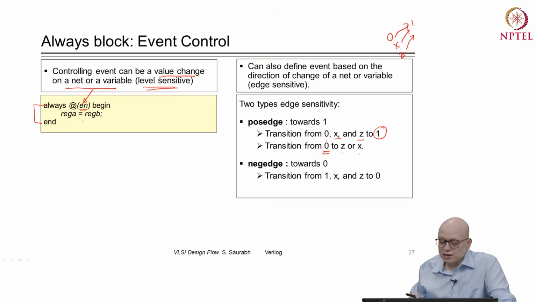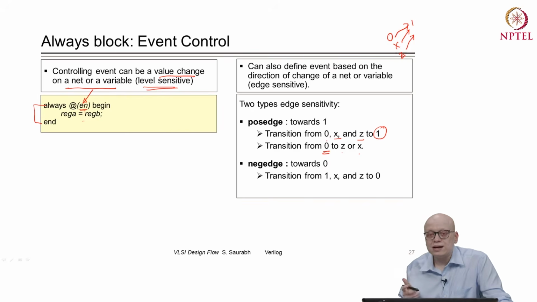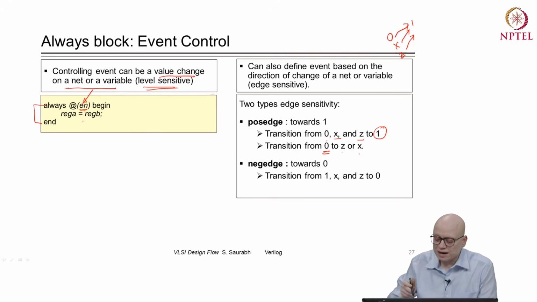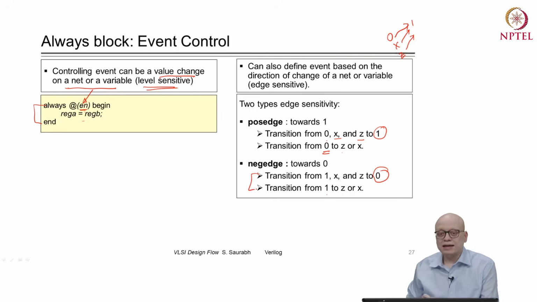Similarly, neg edge is a transition of a signal towards 0, and the transition can be from 1, x or z to 0, or it can be from 1 to z or x. All these kinds of transitions are treated as neg edge.